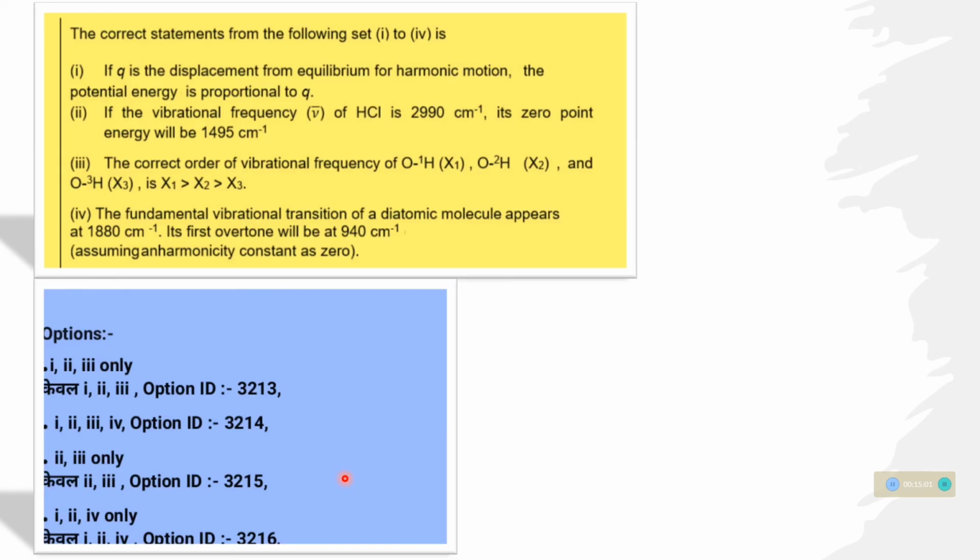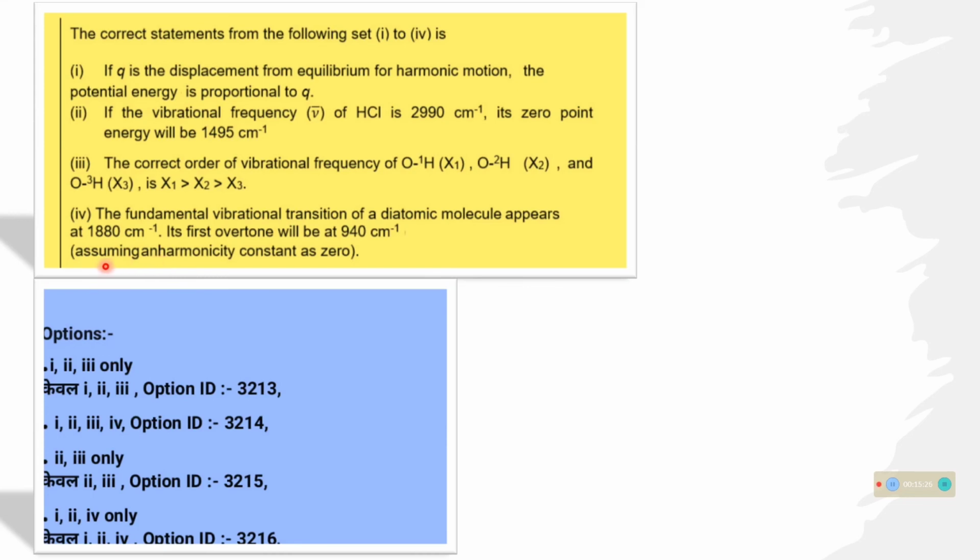So let's see the question. They gave that the fundamental vibrational transition is 1880 and the first overtone is 940 centimeter inverse, which means the first overtone is half of the fundamental.